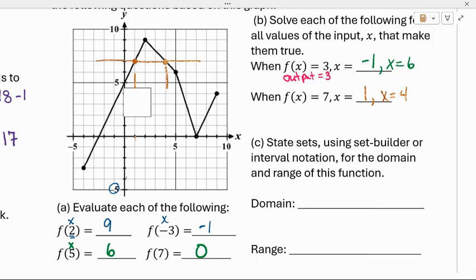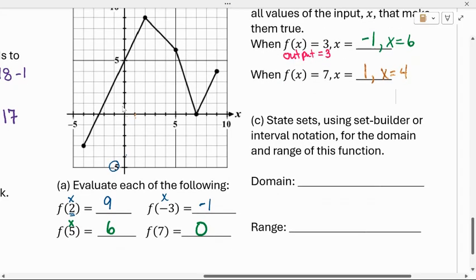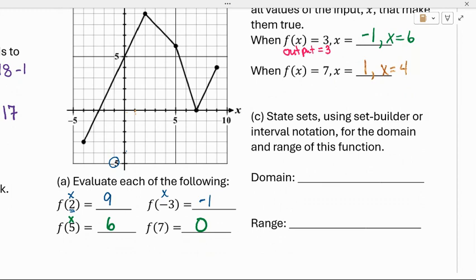Question C talks about the domain and the range. So tell me what the domain is. Input values. Yes, remember that the domain is the input, also known as x's, and our range is the output, also known as the y or f of x.